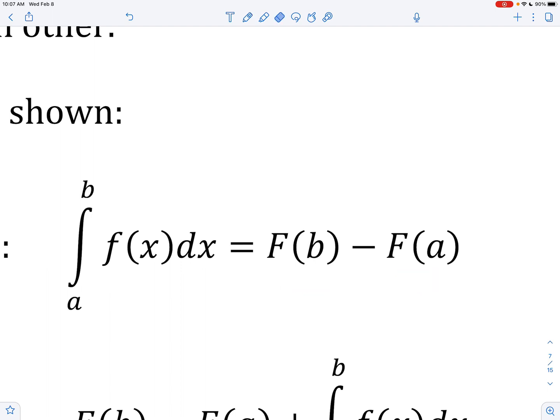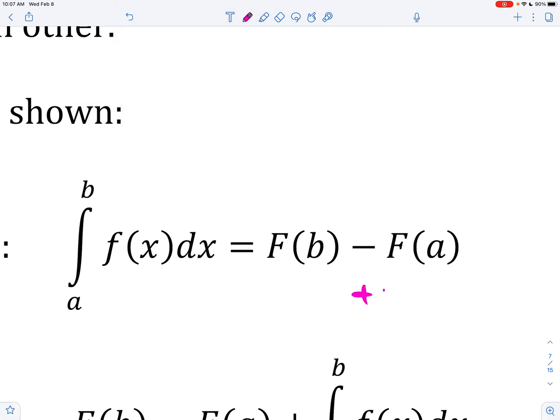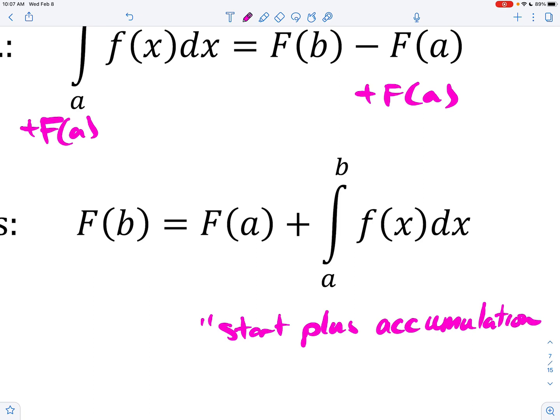Now we can perform some algebraic manipulation on this thing. And essentially we just add F of a to both sides. Big F of a. And we get this. This means that you can take a start value, add some stuff to it, and get your final value of the function. It's sometimes referred to as the start plus accumulation method.